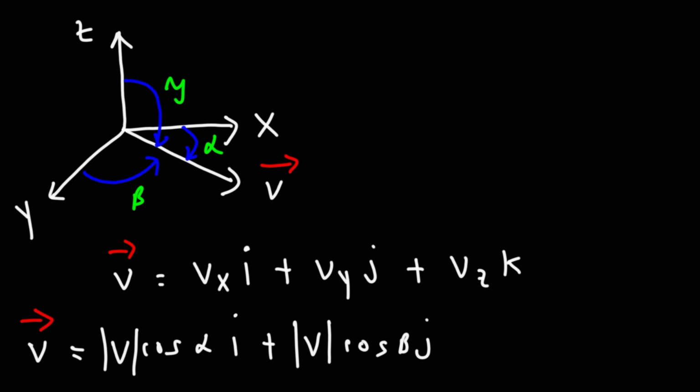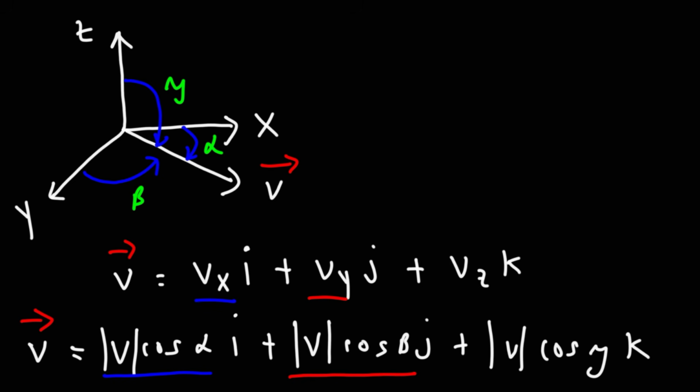So it's a different angle. And vz is going to be v cosine gamma. So if you have a three-dimensional vector, you need different formulas to calculate vx, which is v cosine alpha, vy, which is v cosine beta, and vz, which is v cosine gamma.